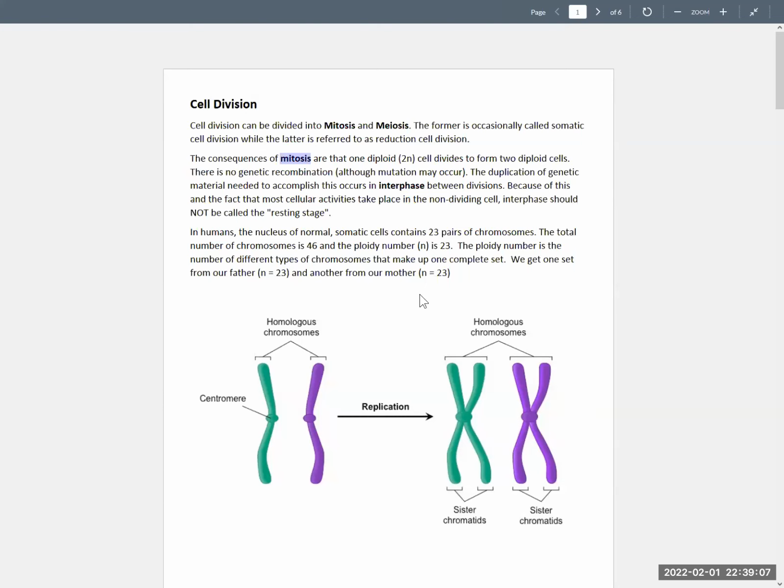What is a ploidy number? That's been batted around so many times. If you have a deck of cards, and you've got 4 different suits in a deck of cards, just take one suit. That's a set of chromosomes. How many cards are in one suit, not counting any jokers?